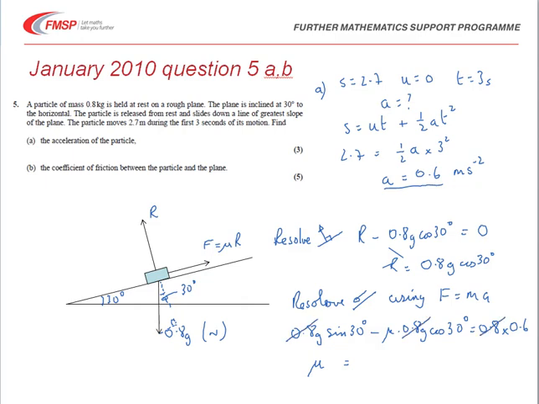It cancels out through every single term, so that we've got g sine 30 minus 0.6, and we're going to divide that by g cosine 30. And if you calculate that to two significant figures, we get 0.51.